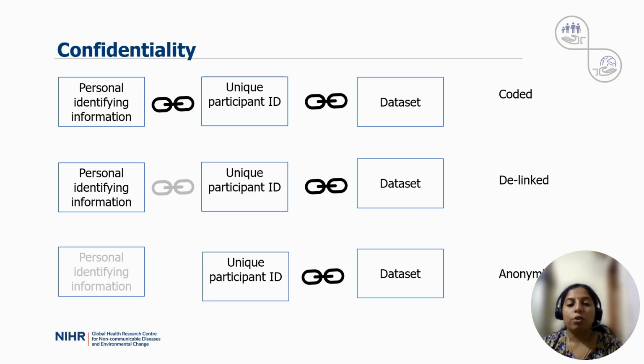But if you want to relink and trace back to the participant, that is possible, where you're storing the personal identifying information in a different location. In the third row, the personal identifying information is anonymized and it is only the unique participant ID that is linked with the dataset. This process is called anonymization and it cannot be reversed to re-identify the individuals.